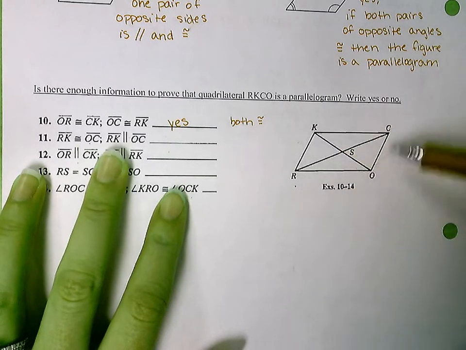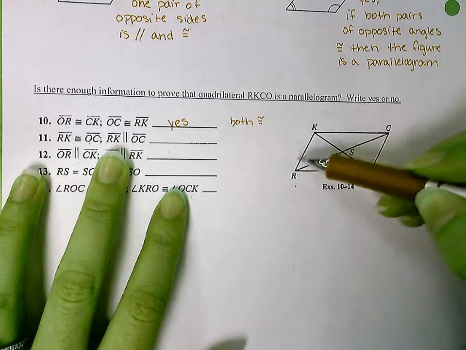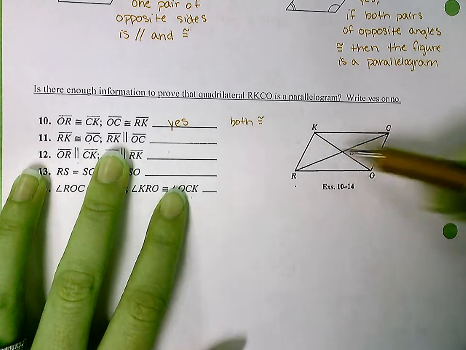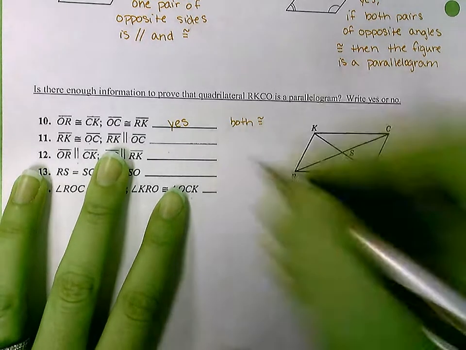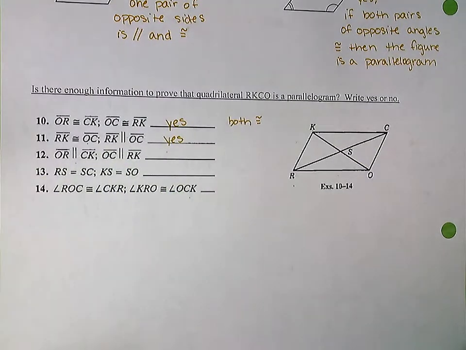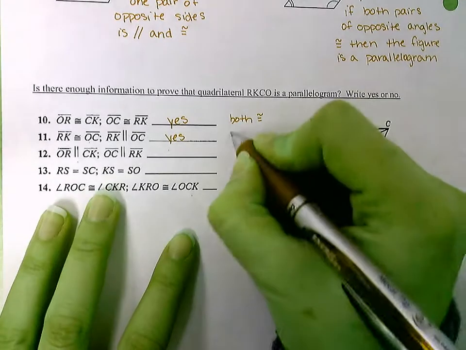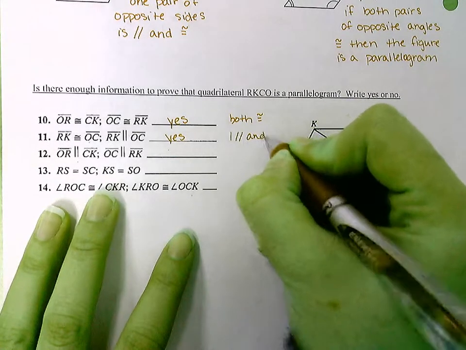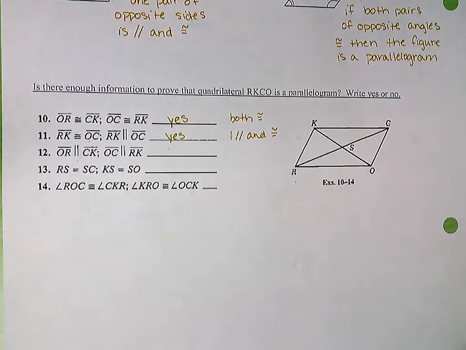And RK is parallel to OC. Okay, so it's congruent and parallel. So this would be yes. And that one is that last statement on the front. It's number 5. So one pair of opposite sides is parallel and congruent.